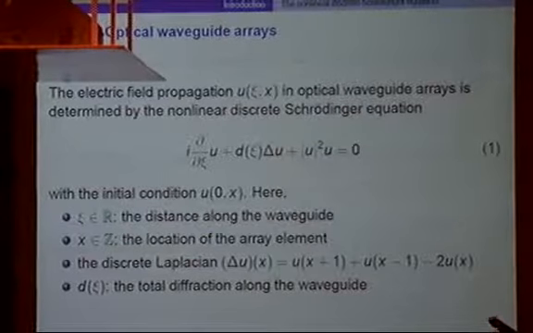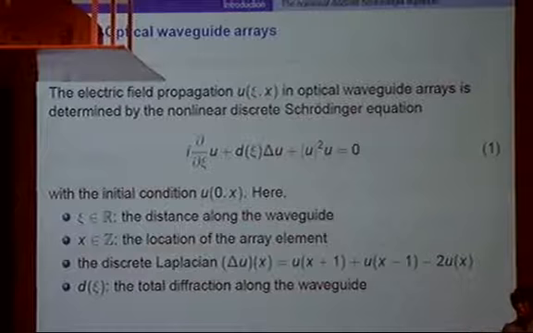In fact, this problem comes from optical waveguide arrays. Here we have certain arrays, well separated, so you can think of a fixed distance among all these arrays.